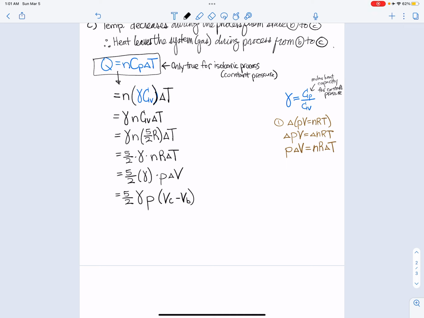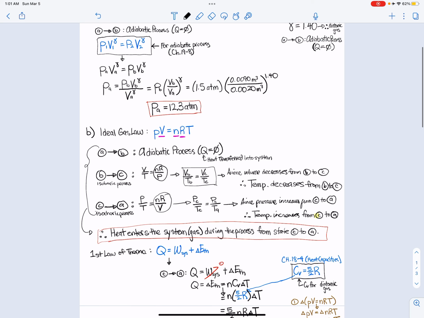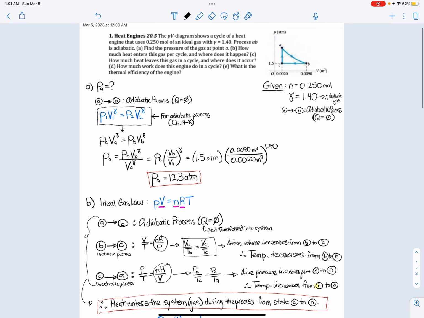So let's plug in our values. We know that gamma, that was given to us, is 1.40. The pressure at state B and state C is given here as 1.5 ATM, right? It's constant. But again, when I plug it in here, I can't use ATM, I've got to use pascals.